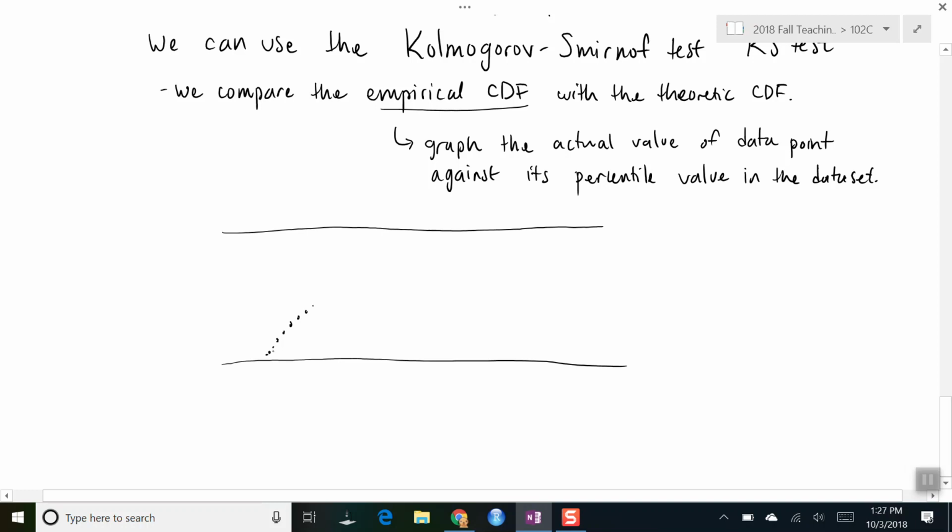Okay, and so if you graph it, you're going to get some kind of small stair step picture here.